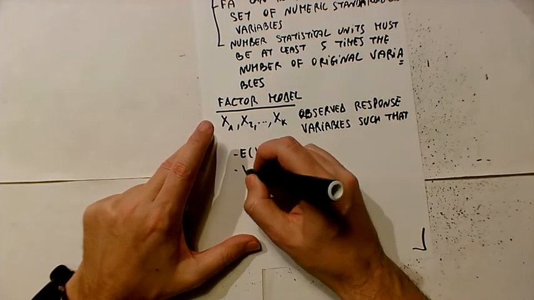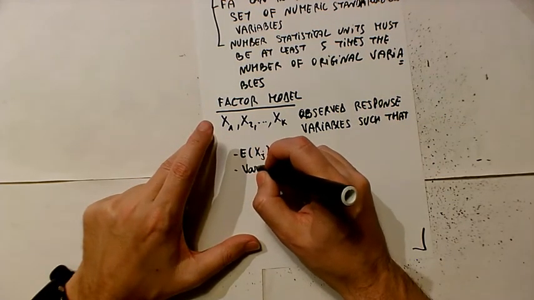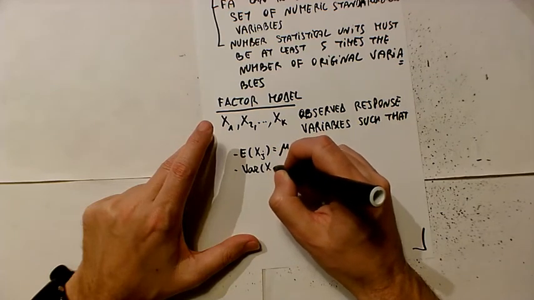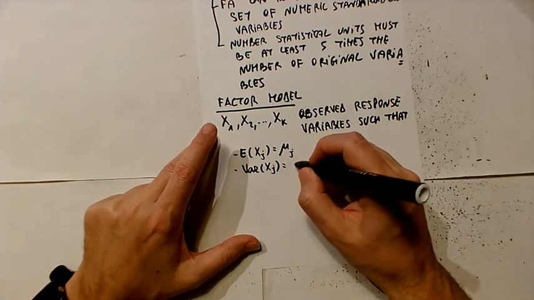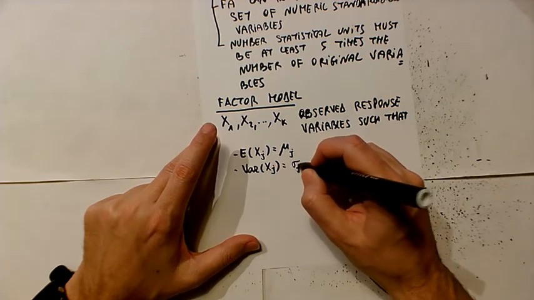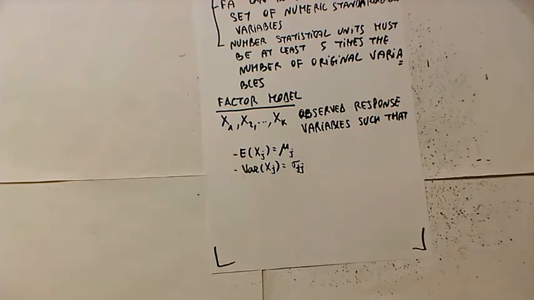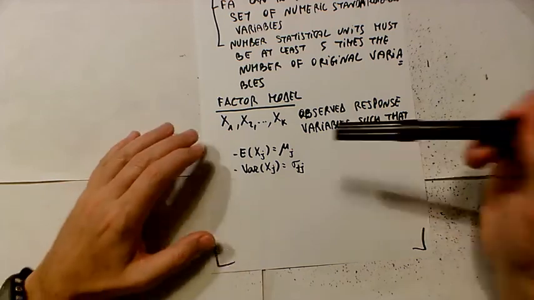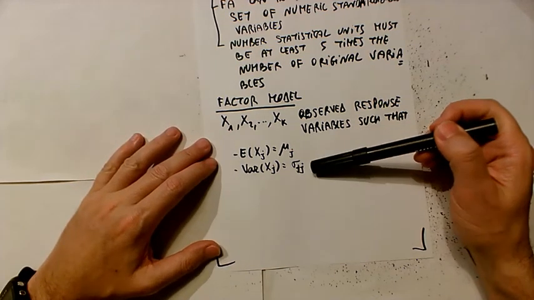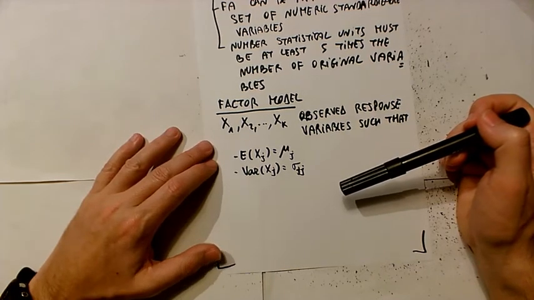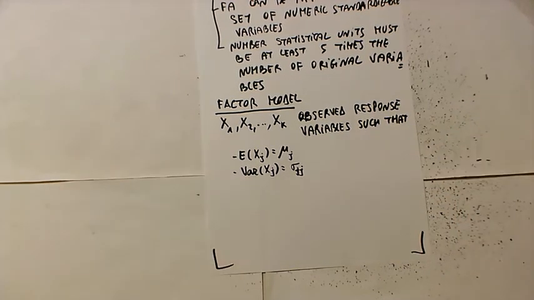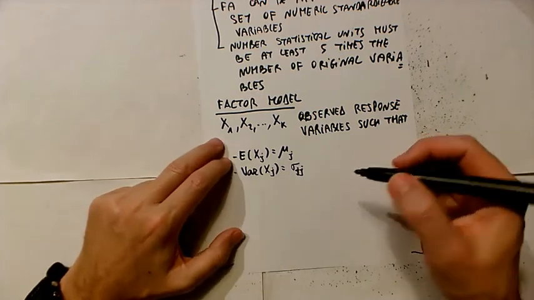The variance of xj is denoted by sigma jj. I told you that factor analysis can be applied to numeric standardizable variables, so the expectation and the variance of each of the observed response variables can be computed.